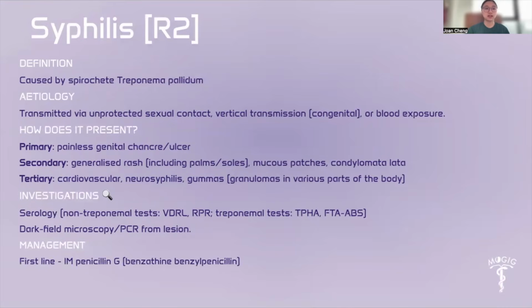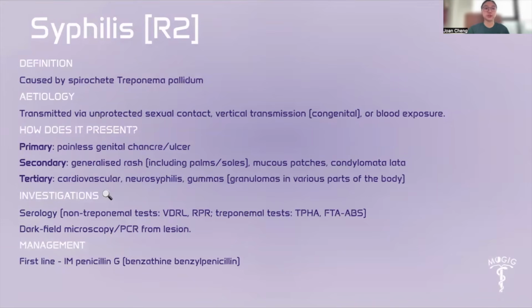It presents as a primary painless genital chancre or ulcer, and secondary would be a generalized rash on your palms or soles. You can have mucous patches or condylomata lata. And tertiary, you can have syphilis in your cardiovascular and neurological systems and granulomas in various parts of the body.